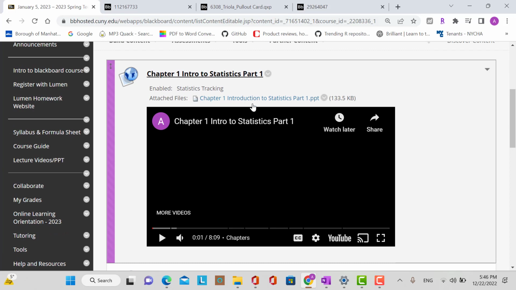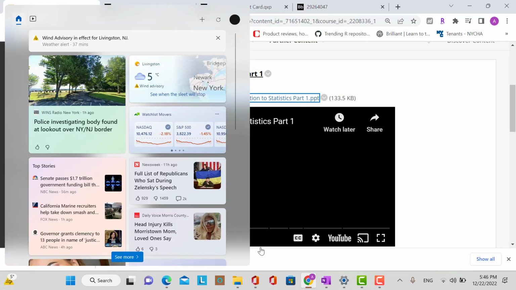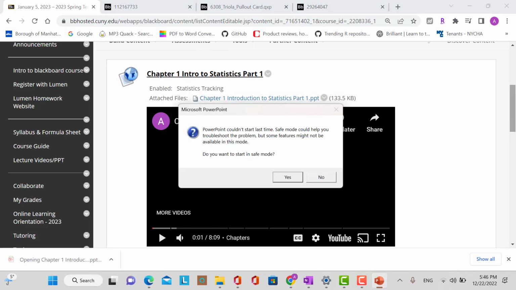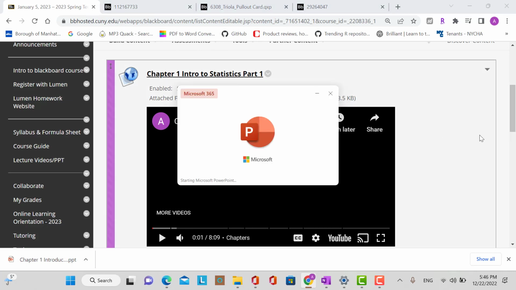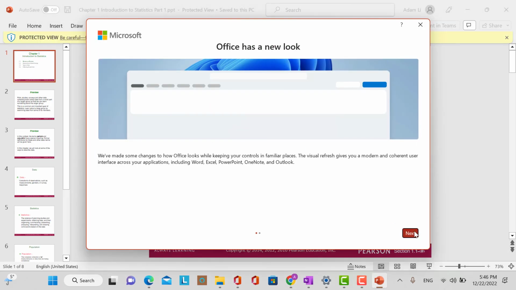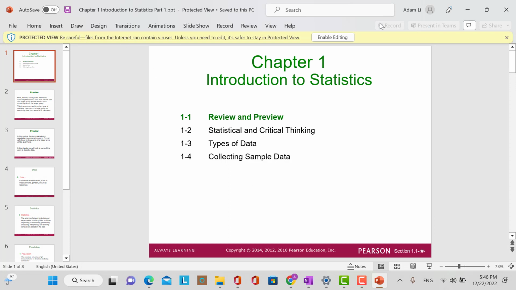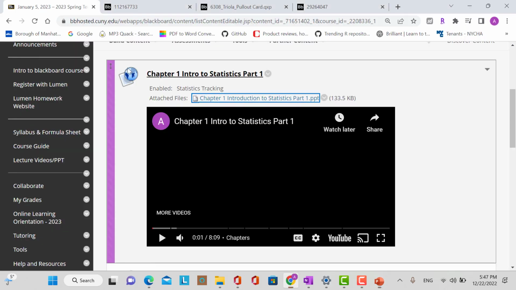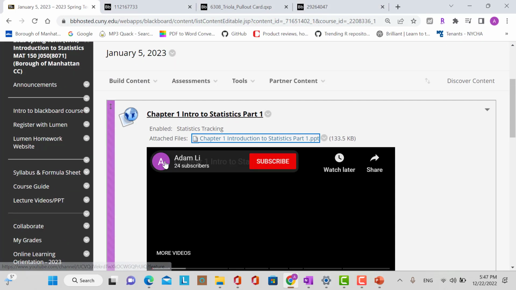If you click on the embedded PPT, you can open the PowerPoint, read through it, and also use the lecture videos to help you understand the contents. That will be the basic learning procedure when you conquer each chapter.